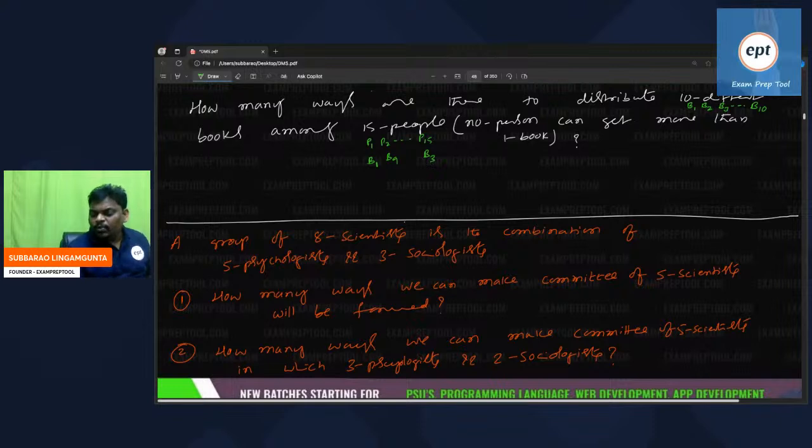Person P1 having B1, person P2 having B9, or otherwise P1 having B9, P2 having B1. Order is important, so permutations.